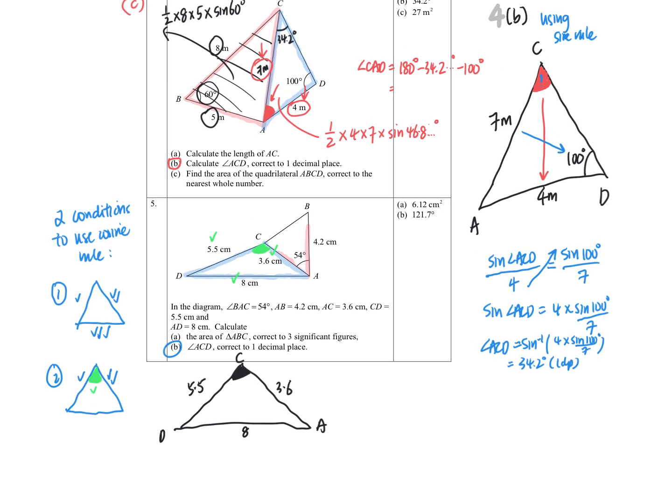So you start off with this one. So it's 8 squared equals the sum of the squares of the other two sides minus 2 times the product of these two numbers followed by cosine of the angle you want to find.